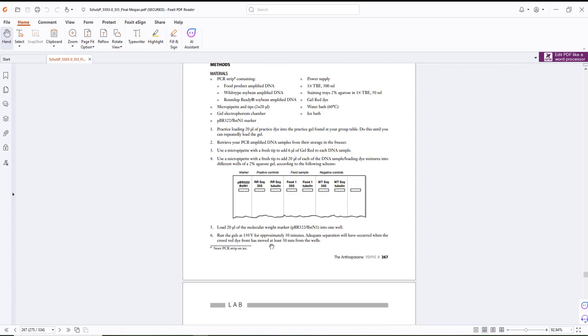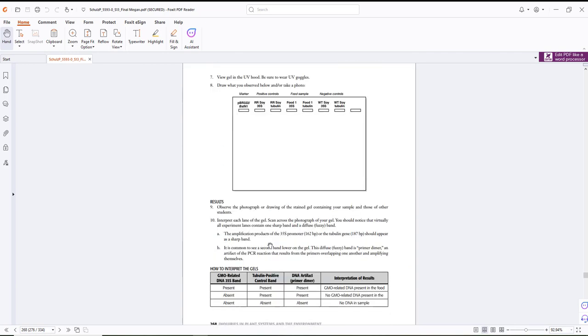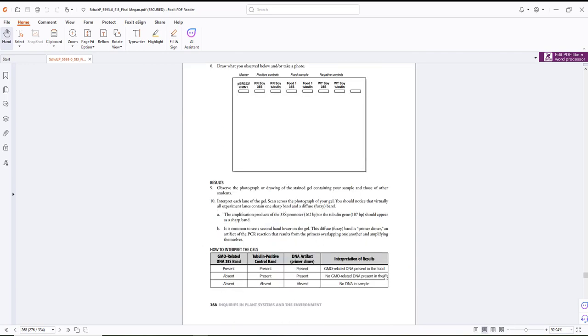So let's take a look. You're going to pay close attention to this part of your workbook, page 268 in the interpretation of the results, particularly this part down here. We're going to be looking at the bands, particularly the GMO related band and the tubulin positive control band.